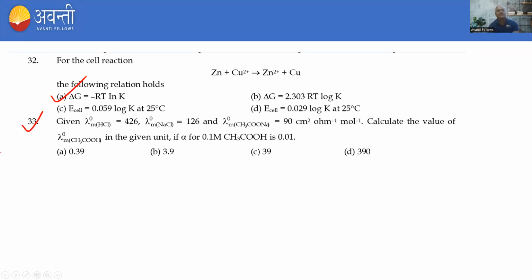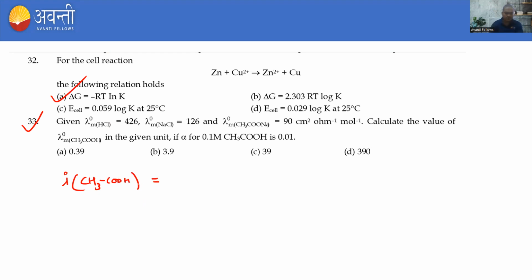Now, in question number 33, they're asking, given the limiting molar conductivity for HCl is 426, NaCl 126, CH3COONa 90. Calculate the value for acetic acid. So you have to calculate the limiting molar conductivity of CH3COOH, right? So how will you calculate this?